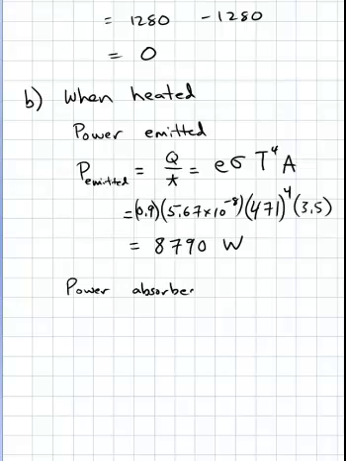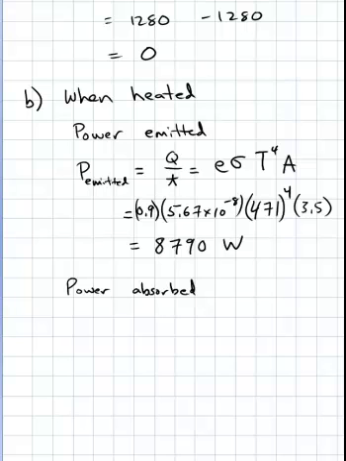And this is where a lot of students get stuck. They say, okay, the stove is hot. I can use the Stefan-Boltzmann law and figure out 8,790 watts being radiated. But they forget that even though the stove is much, much hotter than the room, it's still absorbing energy from the room. So let's take a look at how much is absorbed.